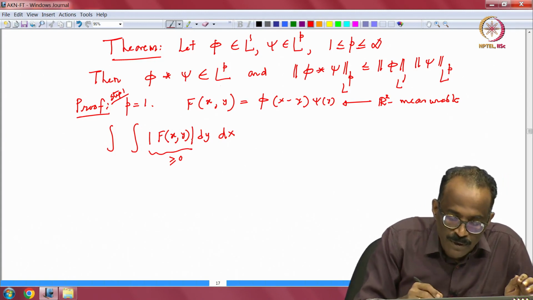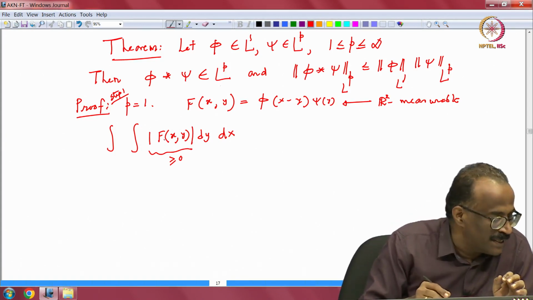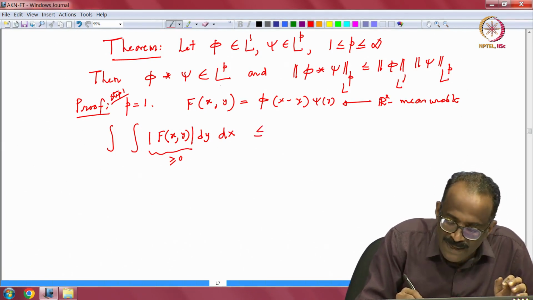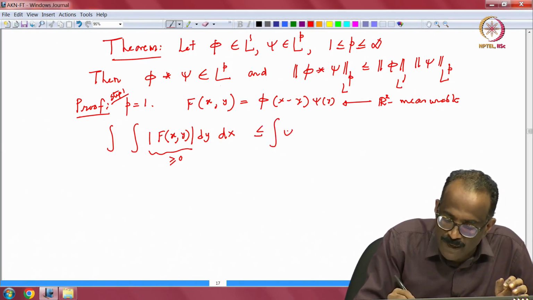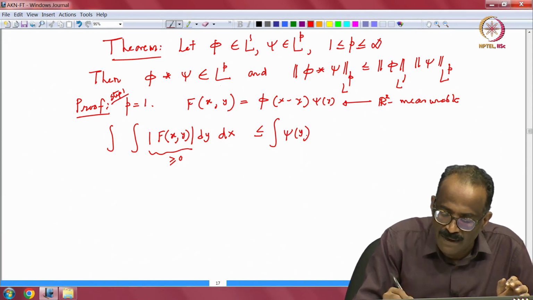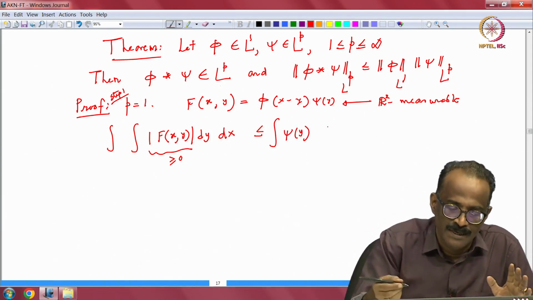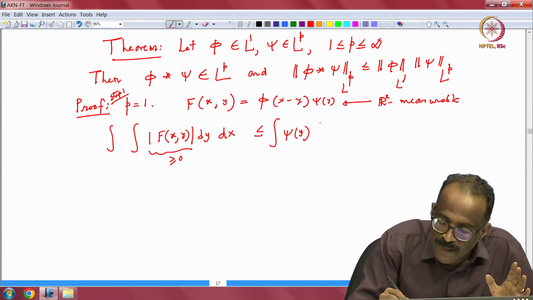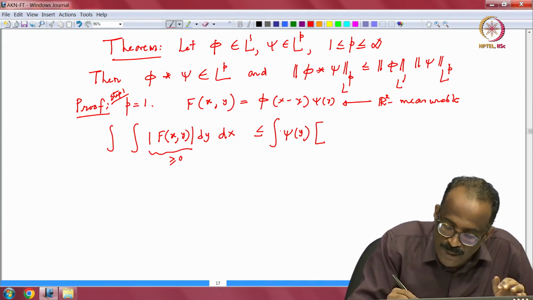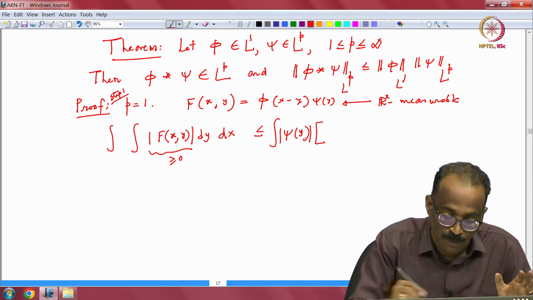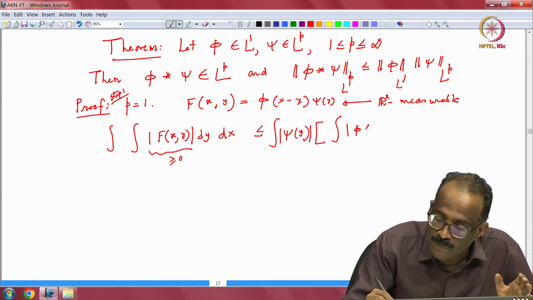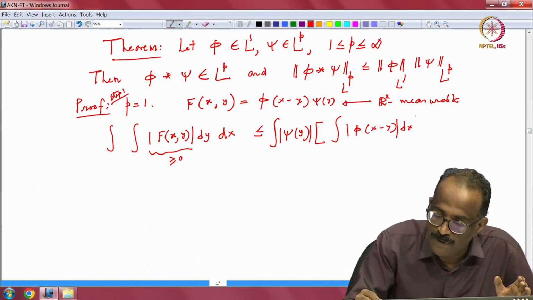So, you substitute this in the double integral and apply Fubini, whichever integral you are taking, bring it outside, and then you take the modulus. Everything is in modulus, and you have the integral of phi of x minus y dx of dy.